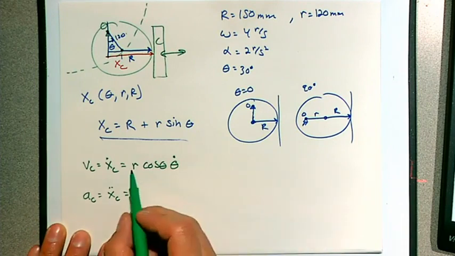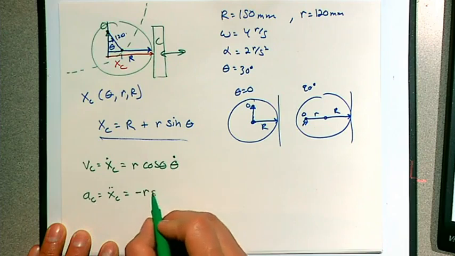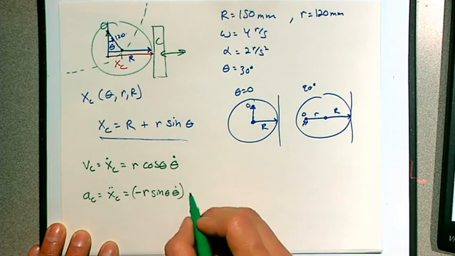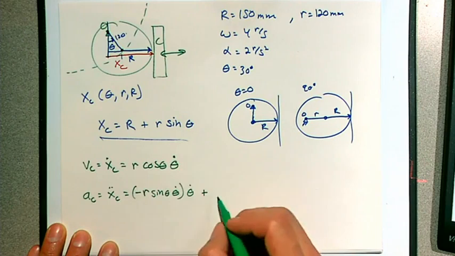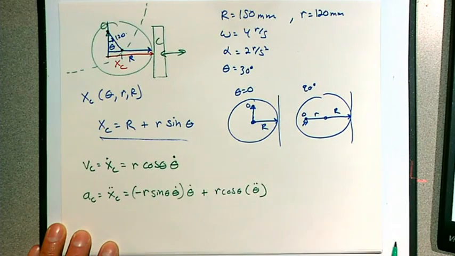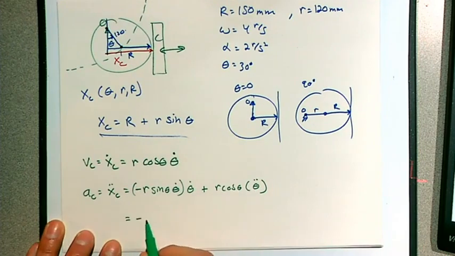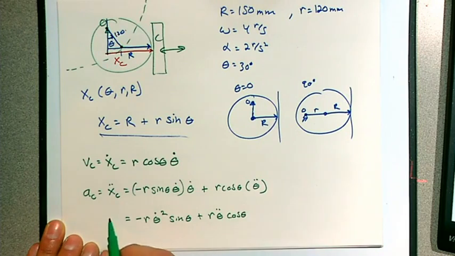The first one, derivative of the first, derivative of cosine theta, got minus r sine theta, theta dot, times the second, theta dot, plus the derivative of the second times the first, r cos theta times theta double dot. Minus r theta dot squared sine theta plus r theta double dot cos theta.